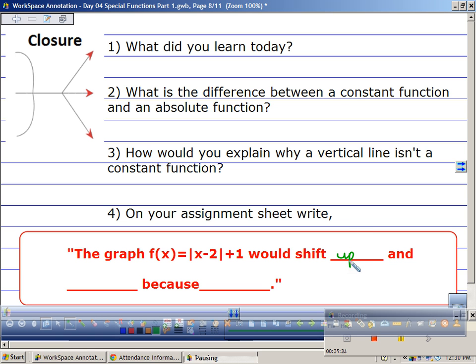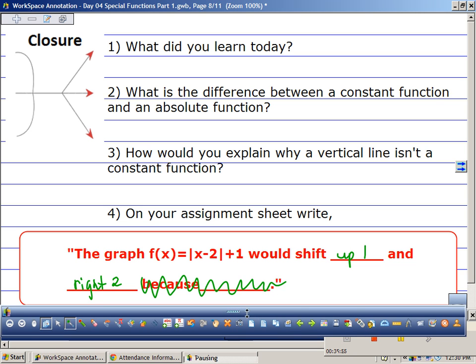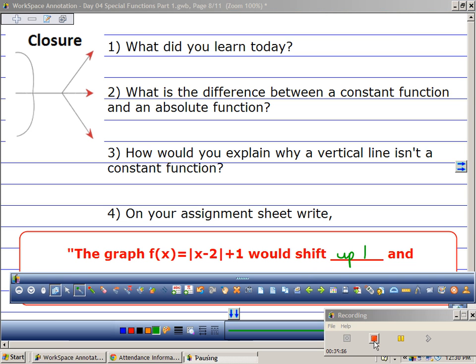So up 1 and right 2. Because? Why? All right. As long as you've got up 1, right 2. Good job, guys.